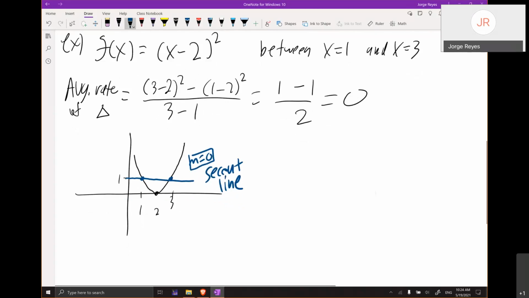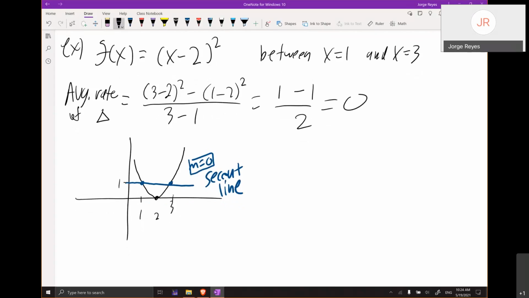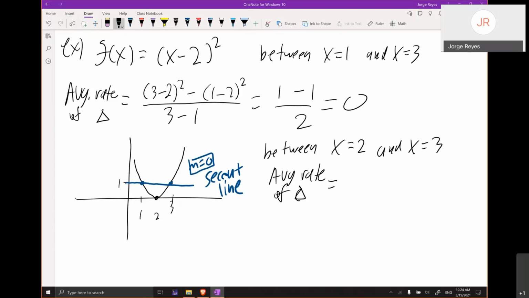And so here now, if I actually change where I'm doing this, let's go between x equals 2 and x equals 3. So if I plug this in, average rate of change equals, so now I'm going to plug in 3 again, so I'm going to get 1, but this time 3 minus 2, and then I'm going to plug in 2. 2 minus 2 is 0, so I'm going to get 1 over 1, which is 1.